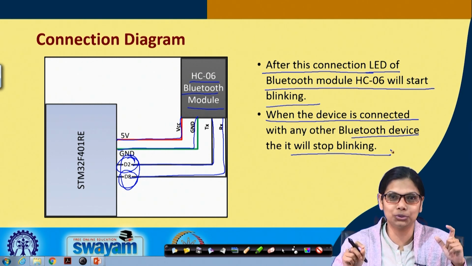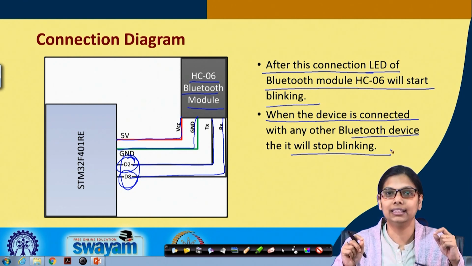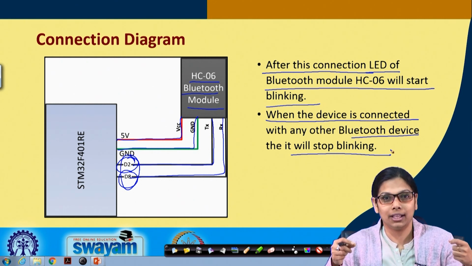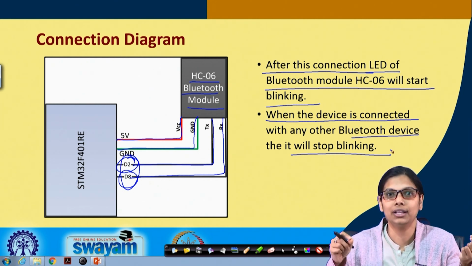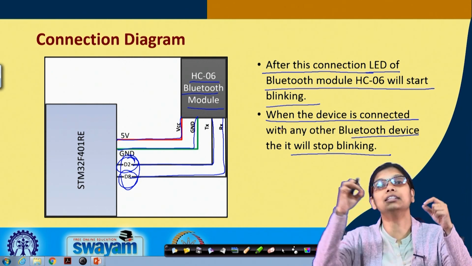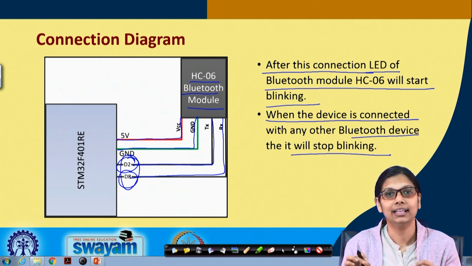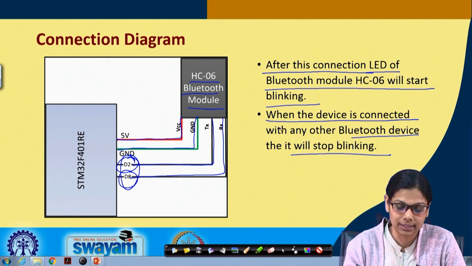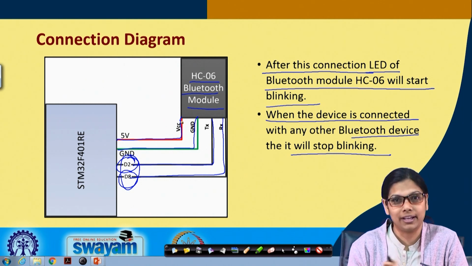So, these are the two things from which you can find out: in the first phase, when you just connect the Bluetooth module with a microcontroller, when it starts blinking, that means it is working. But when it is connected with another device, it will stop blinking. When you connect with such a module, you will find this out.